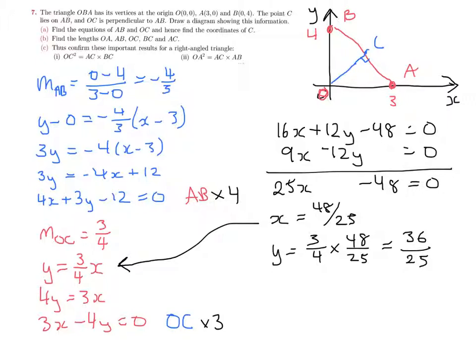Now, again, you can justify this, but it should be pretty obvious that these are the coordinates of C. So we can just write C is (48 over 25, 36 over 25). So we're done for now, but we still have 2 parts to go.